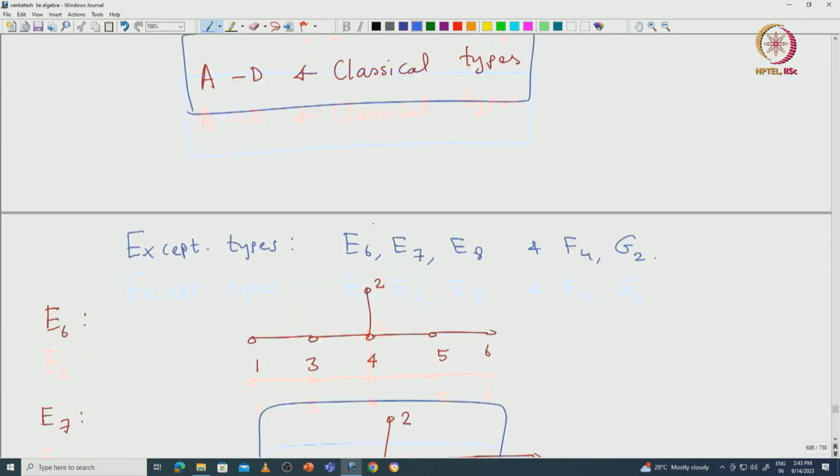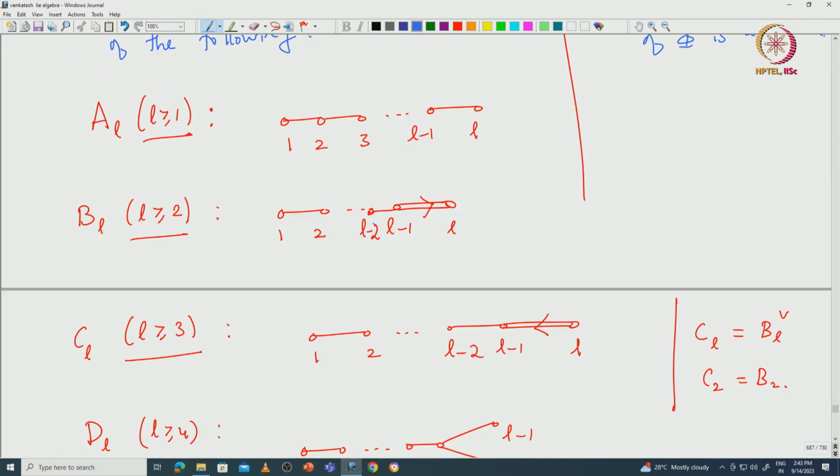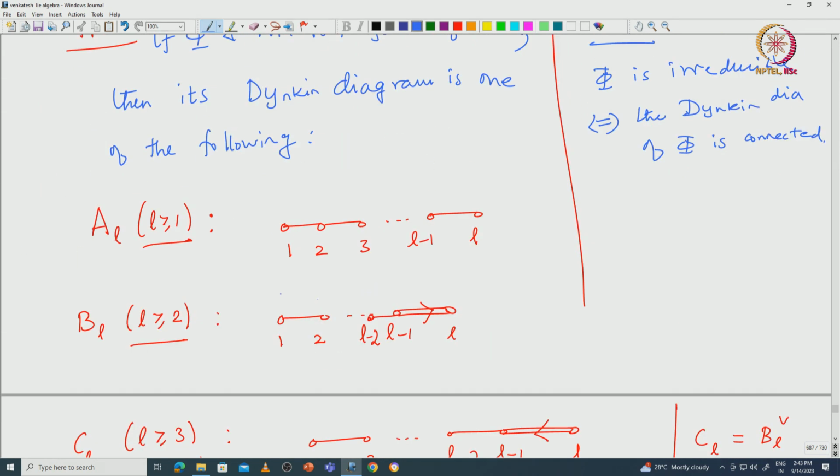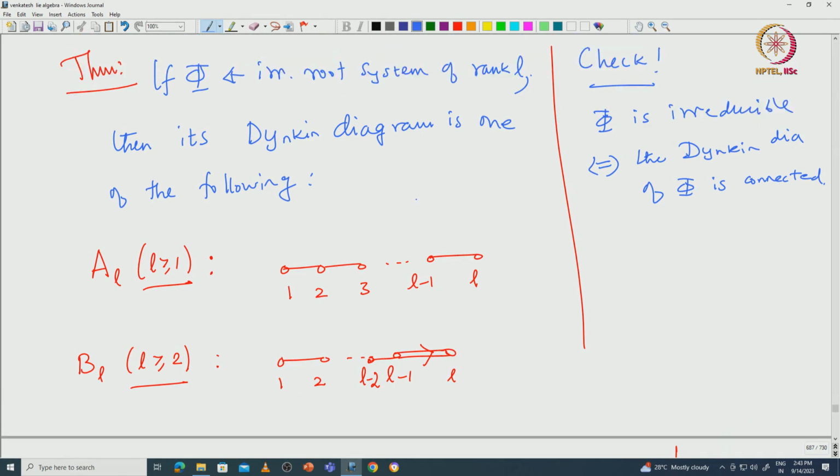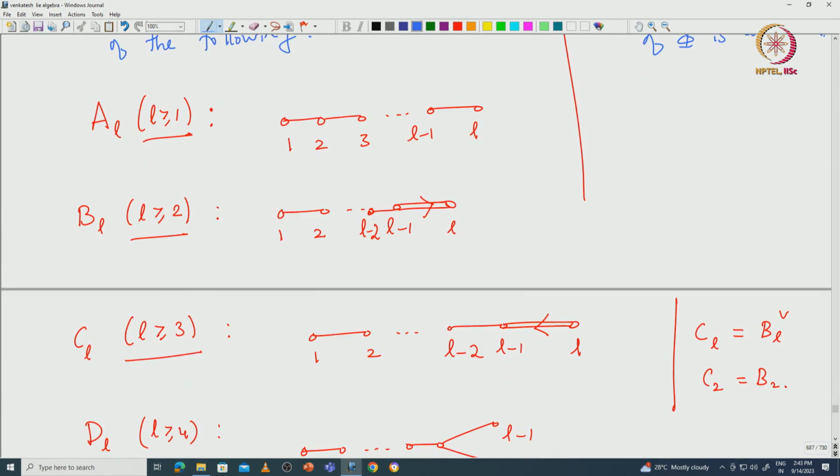I also claimed we will be seeing soon that for each Dynkin diagram listed here, we will be able to construct the root system very explicitly. Maybe I will do that in the next class. Now look at all these possible diagrams. You can easily see that except for B and C, the Coxeter graph uniquely determines the Dynkin diagram of all other types of root systems.